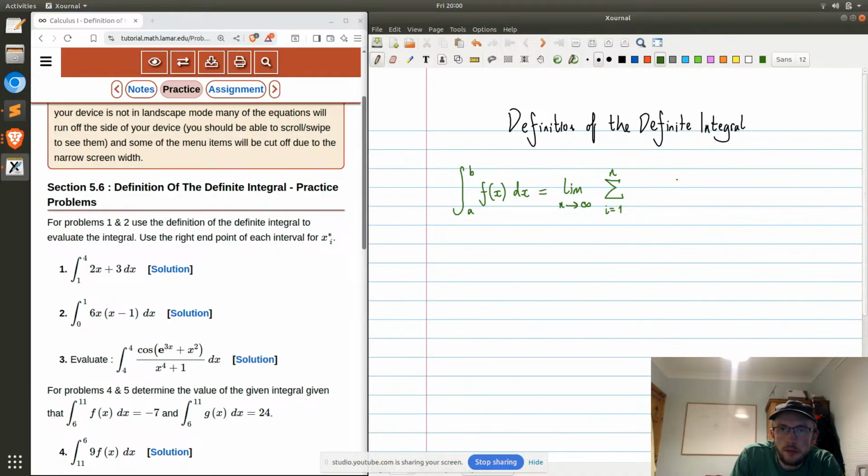And let's see. There's the width of the subintervals, right? That's going to stand for my dx. And then for f of x, well, that's some chosen point in the subinterval, right? I think. Now, let's see if I can do it.